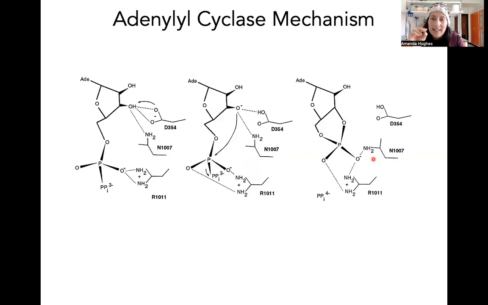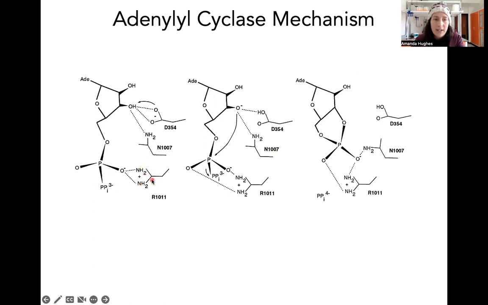But if we look at the adenylyl cyclase active site, this molecule right here is our ATP. So this ADE is the adenine ring, that purine ring. Here's the ribose of our ATP molecule. There's the gamma phosphate, and then it says PPi right here. So there was the beta and the alpha phosphate. They just shorthanded that part of the structure a lot. But this is our ATP, and you can see some interactions.